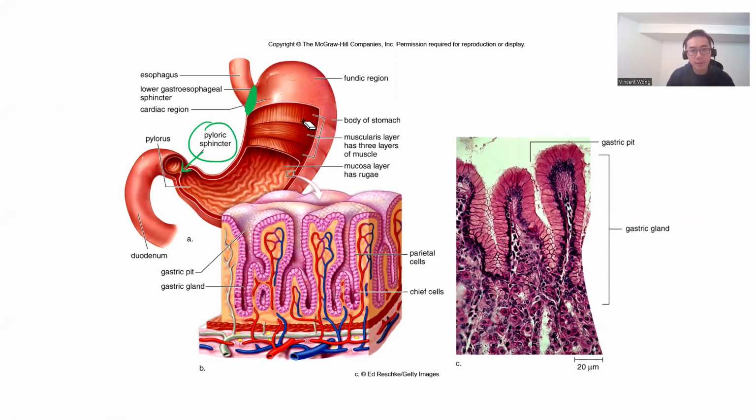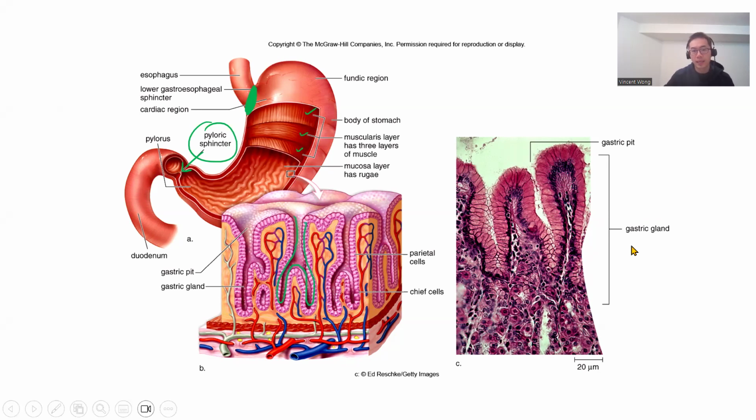There are 3 layers of muscle, right? The longitudinal at the front, circular, and oblique. You can see the oblique is actually diagonal. That's what oblique means. Oblique literally means diagonal. And if you take a slice of stomach, you can see that even though it's bumpy on the surface, sometimes there are grooves that go all the way down.